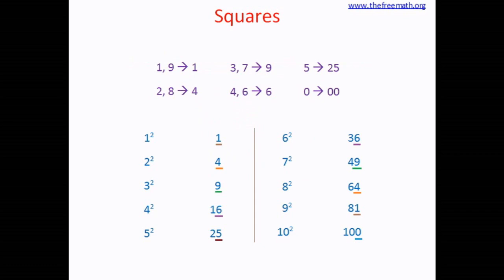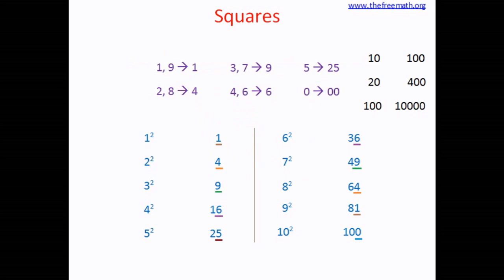Whenever you have a number that ends with 0, you will see the square of that number ending with 0, 0. For example, 10 squared equals 100, 20 squared equals 400, and 100 squared equals 10,000. So you can see that the number of zeros actually gets doubled.